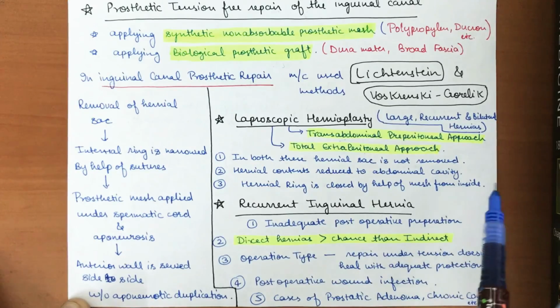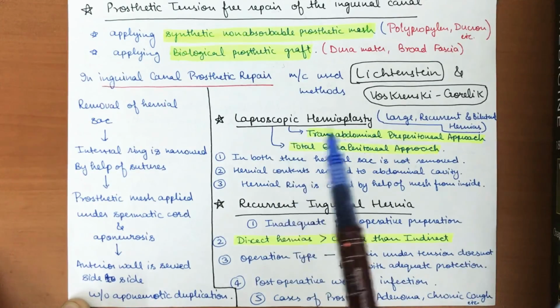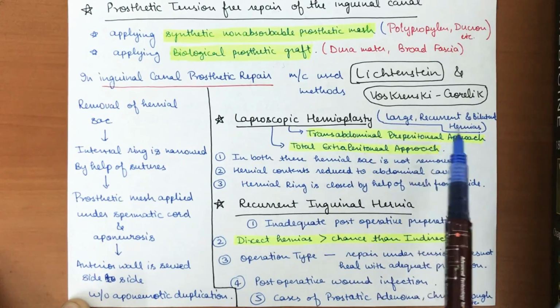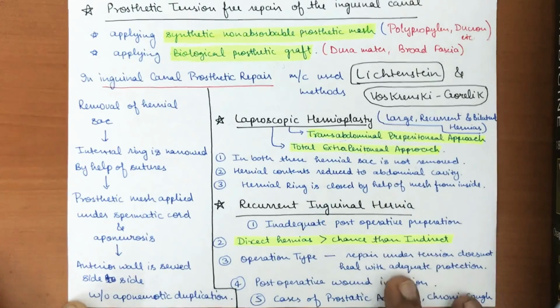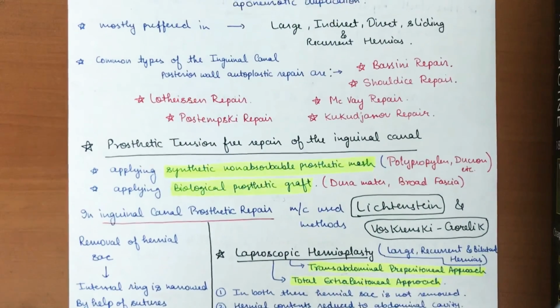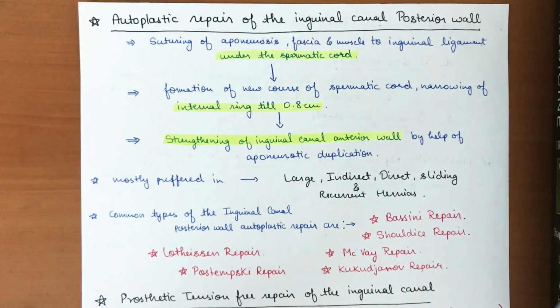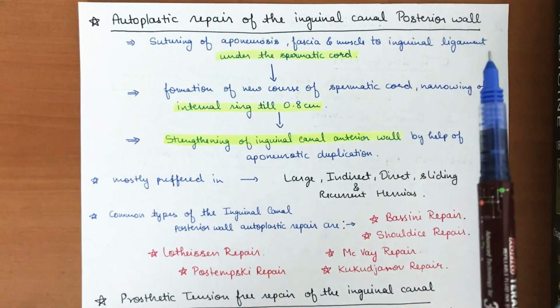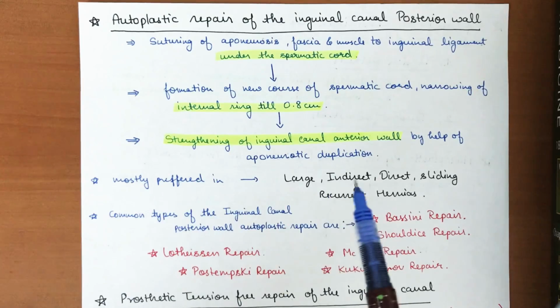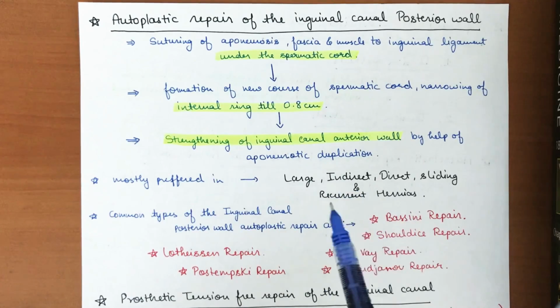The main operation that we can do is laparoscopic hernioplasty, which is indicated in recurrent hernias, and we can also do autoplastic repair of the inguinal canal with a prosthetic wall, for which recurrent hernias are also an indication.